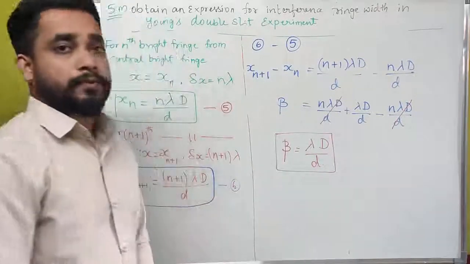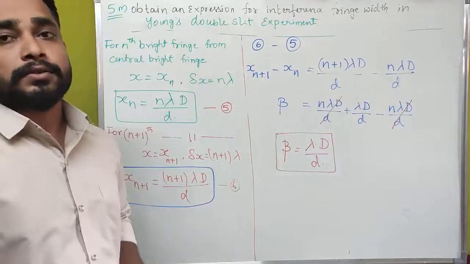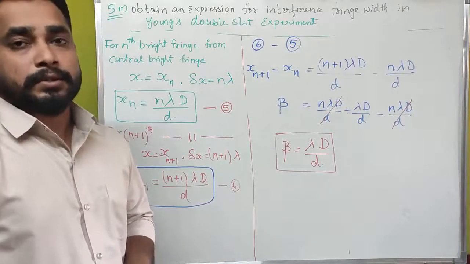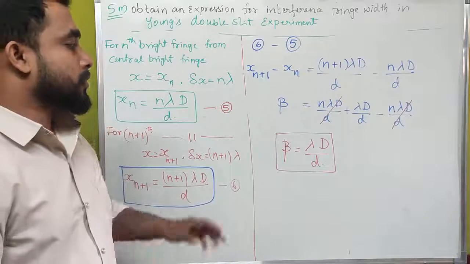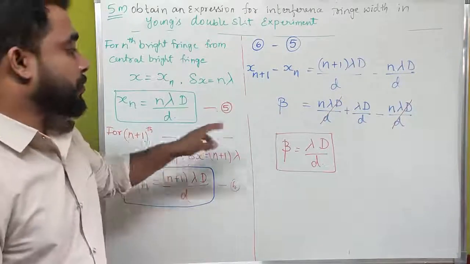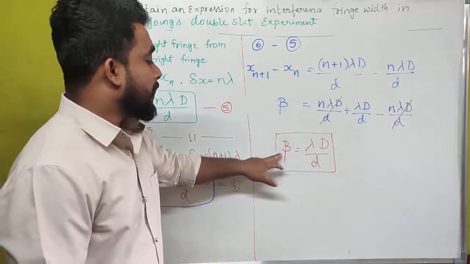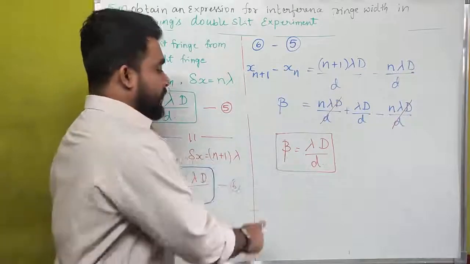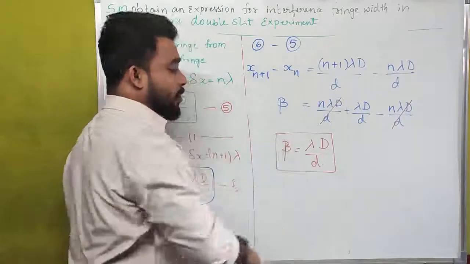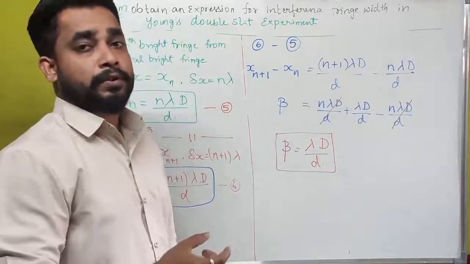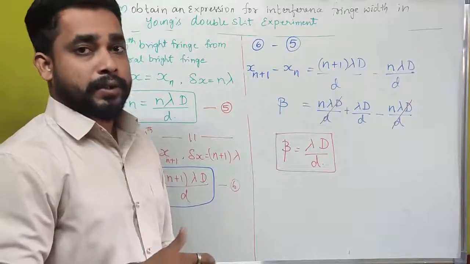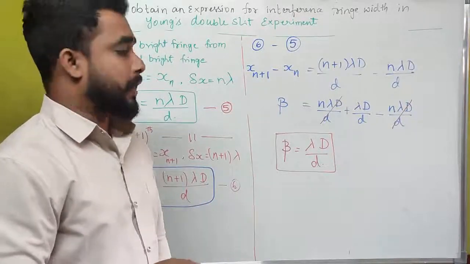This is the expression for fringe width in the case of Young's double slit experiment. Using Young's double slit experiment, we have to obtain the expression for interference fringe width. Here, this is beta. Beta is called the fringe width, the fringe width of two consecutive dark fringes or two consecutive bright fringes.